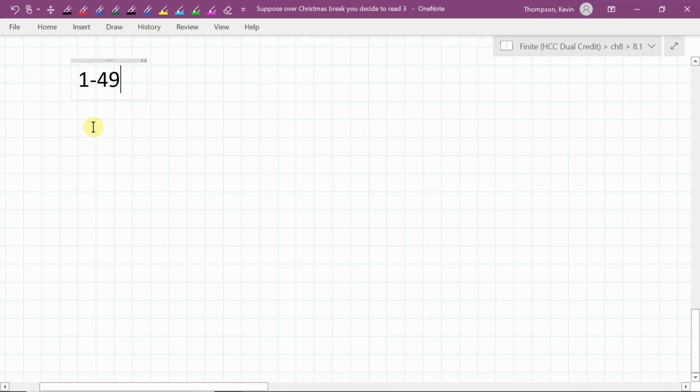Okay, we're going to say it's 49. So 1 through 49. Maybe 50. You want to go 60? We'll say 60. It just makes it a little bigger with the final answer.